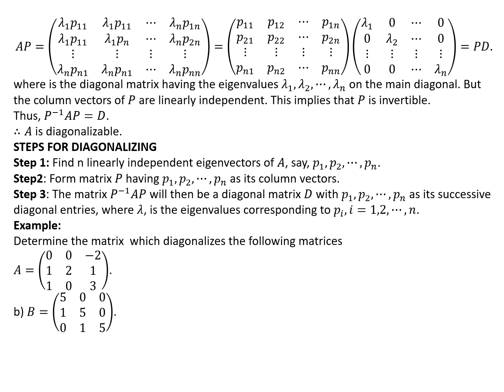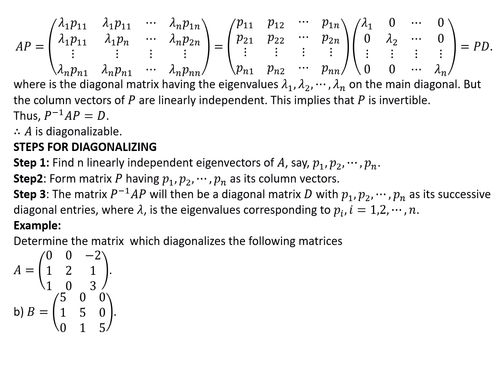This means that P is invertible. Thus, P inverse A P is equivalent to the diagonal matrix. Therefore, A is diagonalizable.